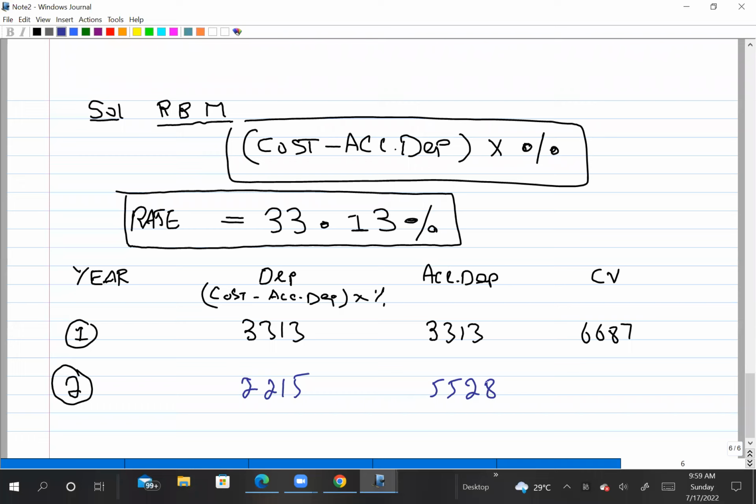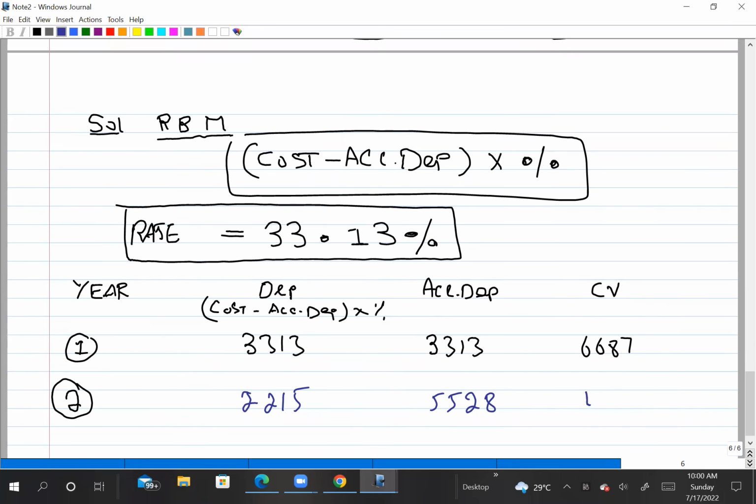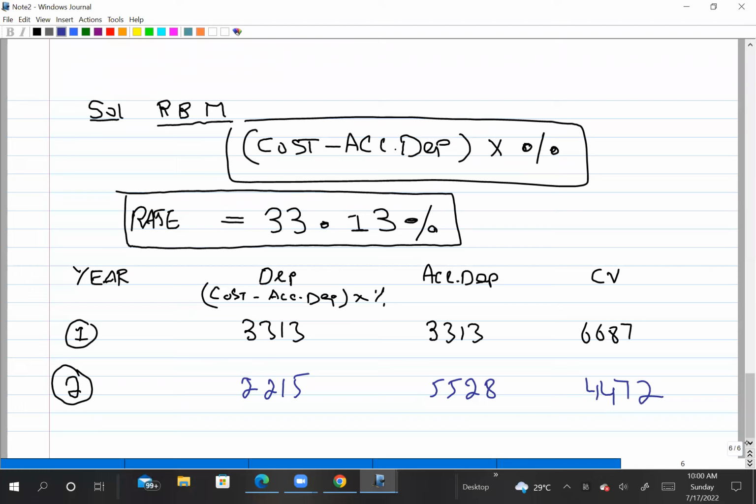And the carrying value, cost minus accumulated depreciation, 10,000 minus accumulated depreciation, that will be 4,472. Now in the third year, the depreciation will be 1,482.